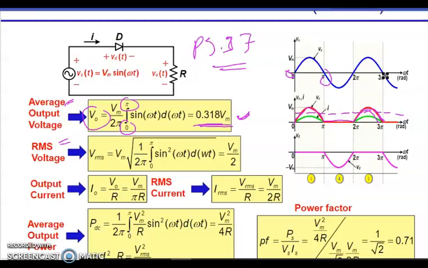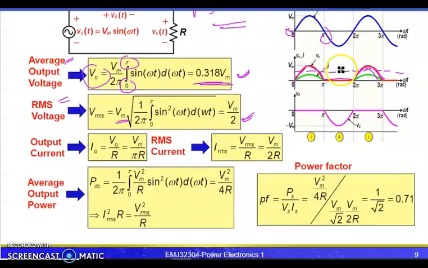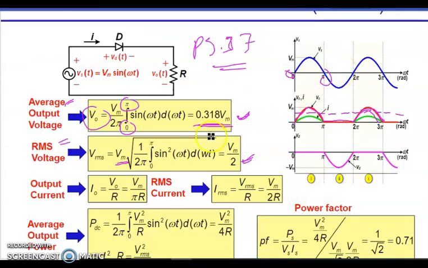Meanwhile, your RMS voltage will finally be Vm divided by 2, half of Vm is your RMS voltage. This is applicable only for your uncontrolled half-wave rectifier.